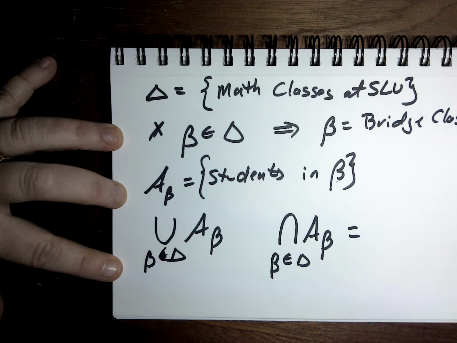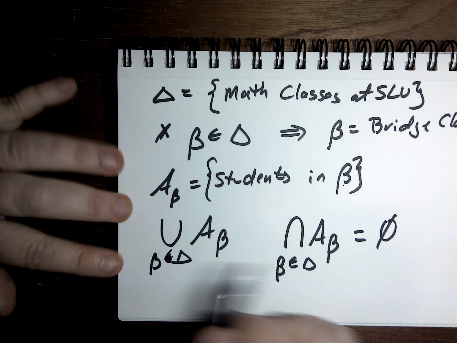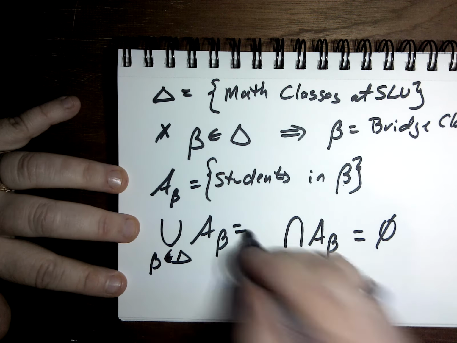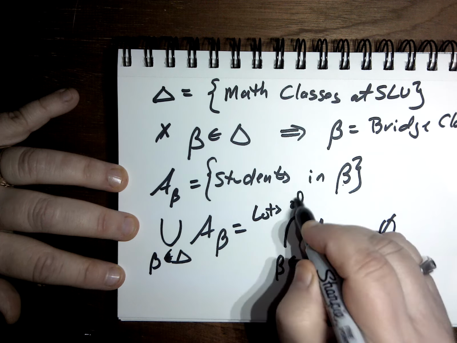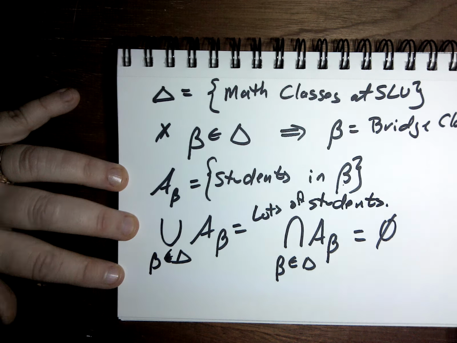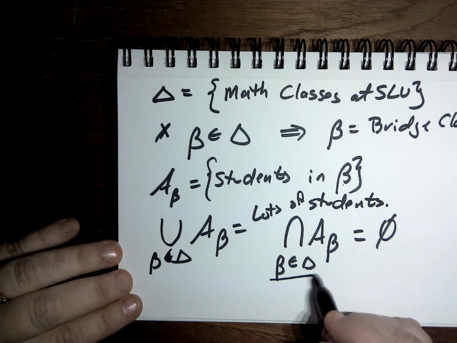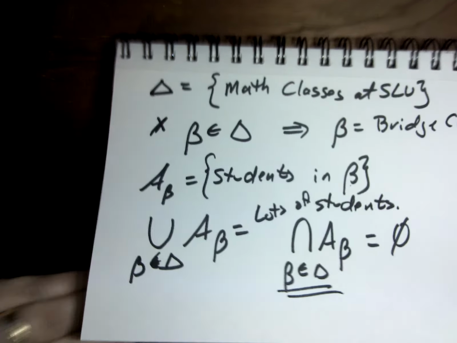That would be, is there a student who's in all the math classes? Well, no, I know that. If I took the union of everybody, I have no idea what I would get. Lots of students. But anyone who's taking a math class this semester. So this is just an alternate notation, and you shouldn't freak out about it. But, you know, notation can be a pain.